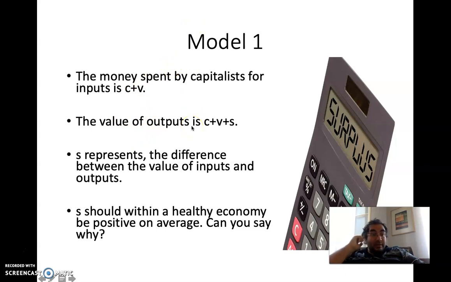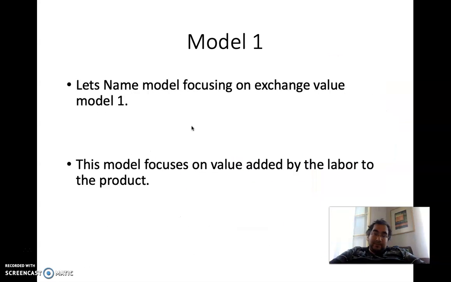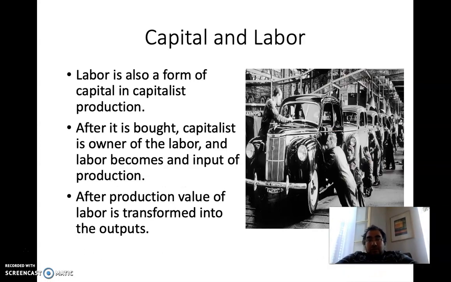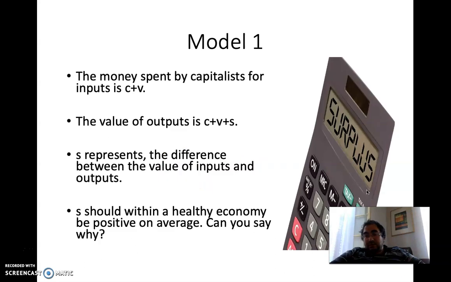The value of the outputs is C plus V plus S. So the value of the outputs is more than the value of the inputs, and S is the difference between them. Basically, the value of everything, not only wood, but electricity, machinery used per chair, labor, everything, is C plus V, and the value of the chair is C plus V plus S. The difference is S. So S is this extra money that comes after the capitalists sell their product.